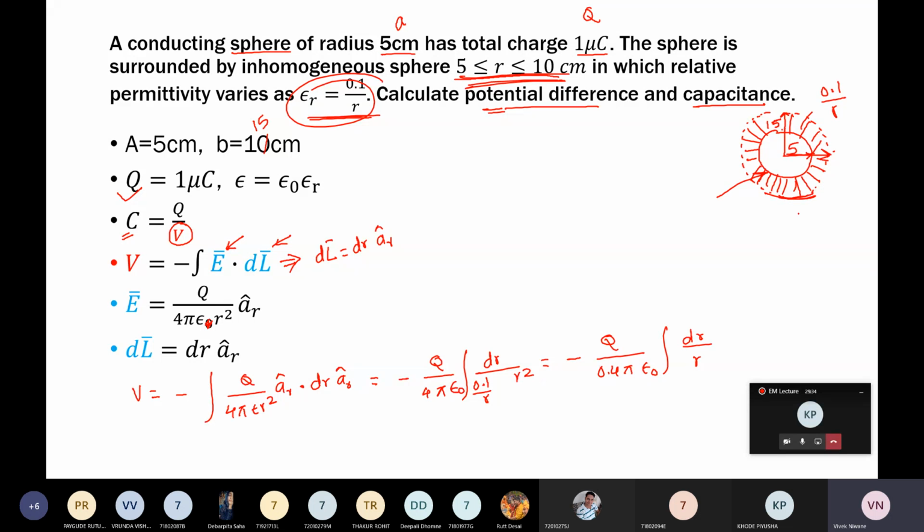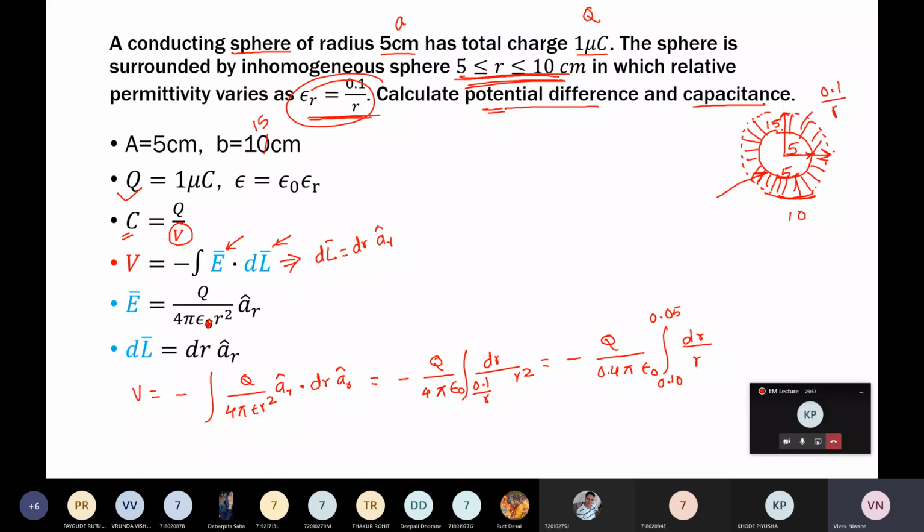So outside sphere r is equal to 10 and inside sphere r is equal to 5. So the integral limits become 10 centimeter, that is 0.1 meter, to 5 centimeter, that is 0.05 meter.